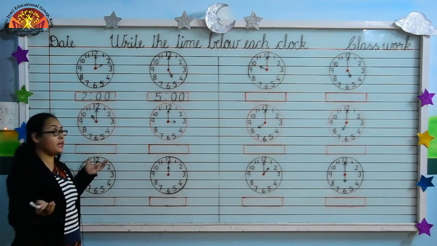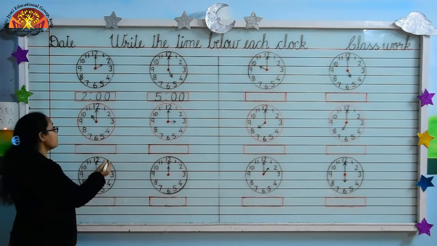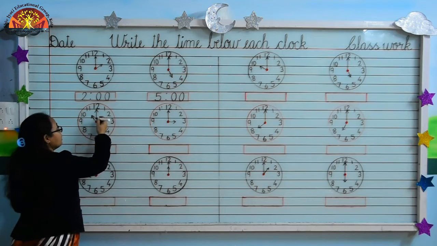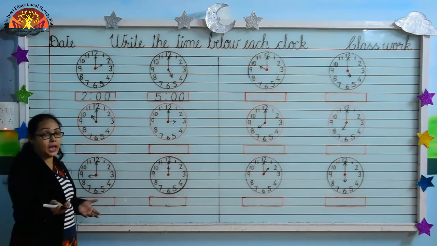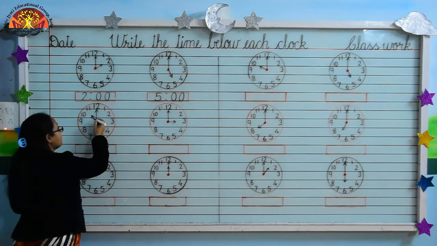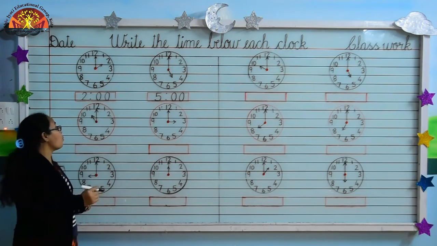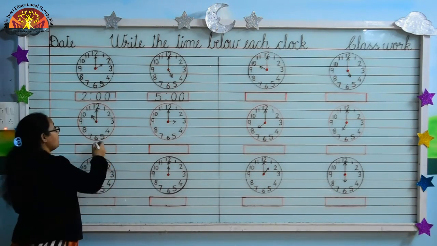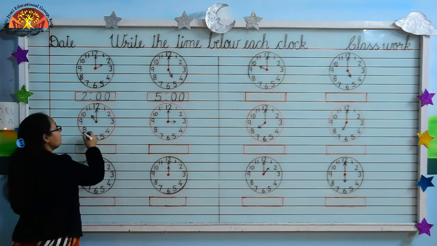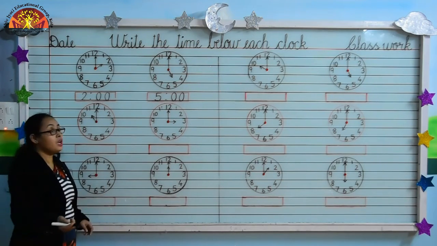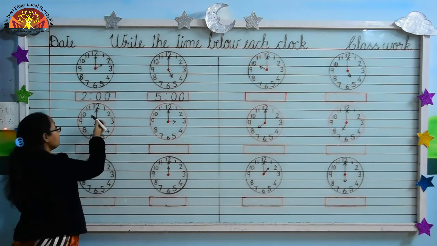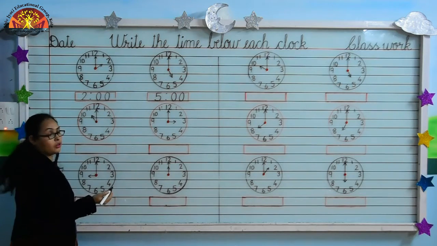Move to next. Kids, here the long hand is at 12 and the short hand is at 11. What is the time the clock showing here? Yes, the clock is showing 11 o'clock.